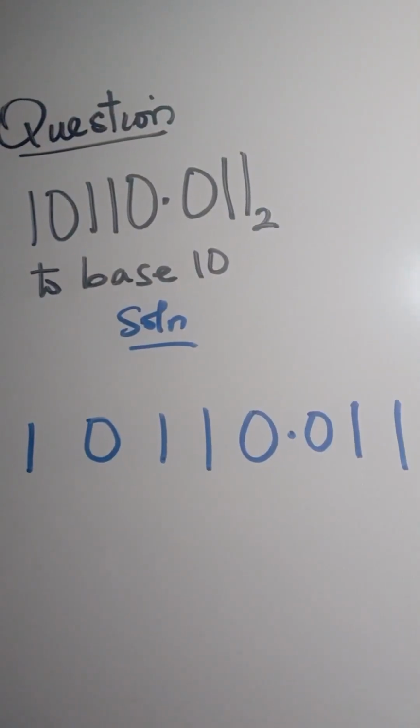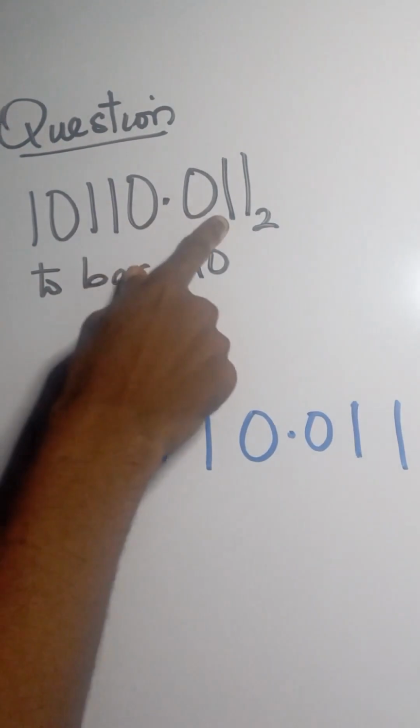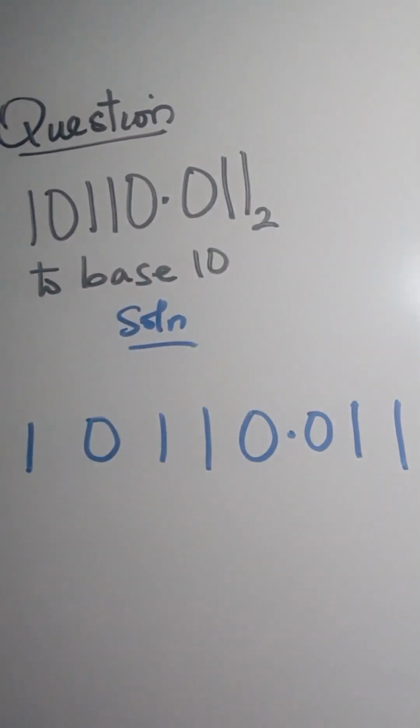All right, today's question, we are going to convert 10110.011 base 2 to base 10. So yes, I have it here on the board. It's in base 2. What we are simply going to do is put the powers.